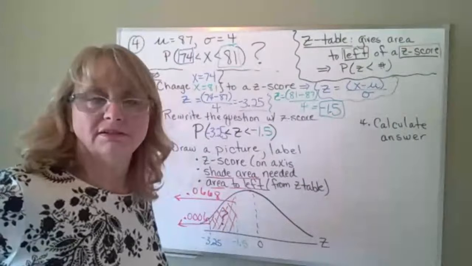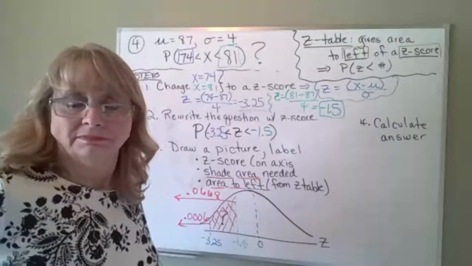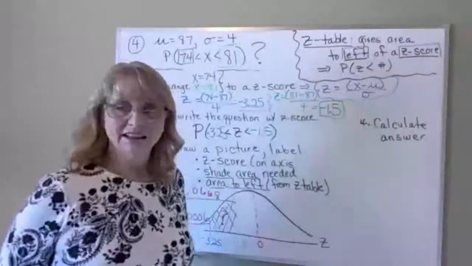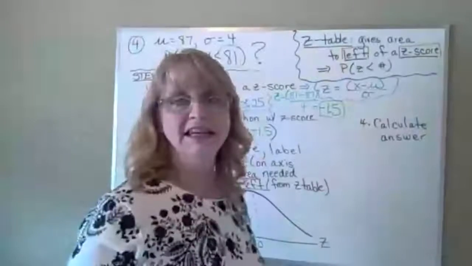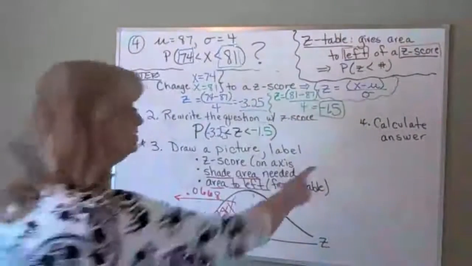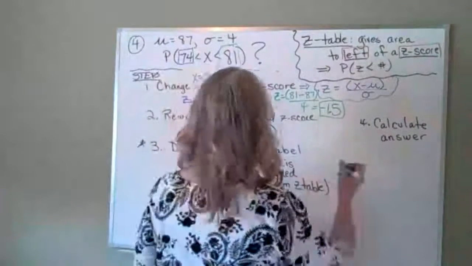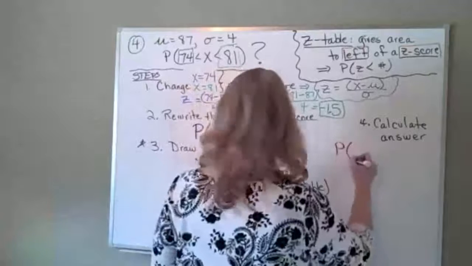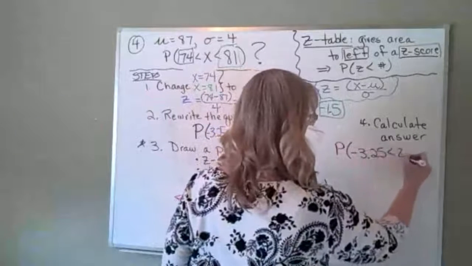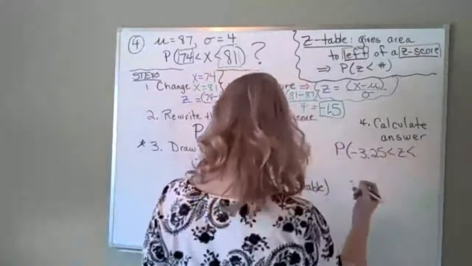Kendra, did you have a question? No, go ahead. Keep talking. Sorry. Okay. I'm just kind of still trying to find the answer. Okay. So, Christina, is that what you got for the final answer? And if so, tell me what the work is for it. So, we were looking for the probability that the z-score was between negative 3.25.